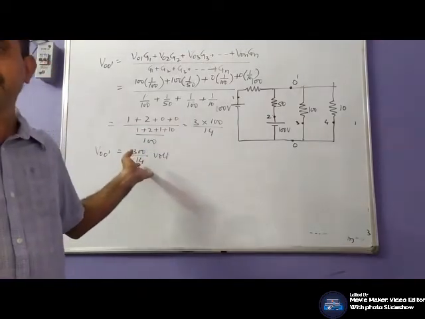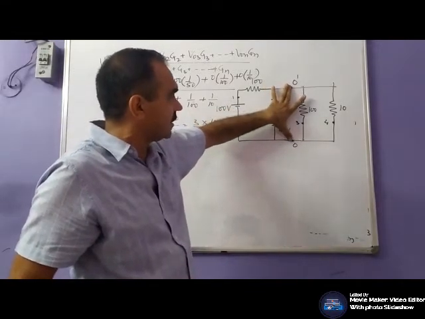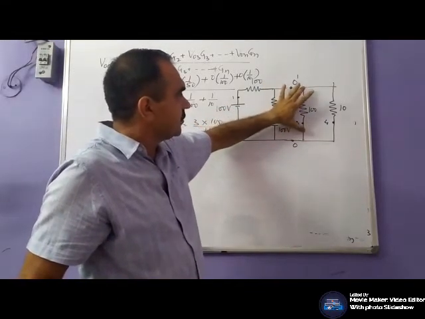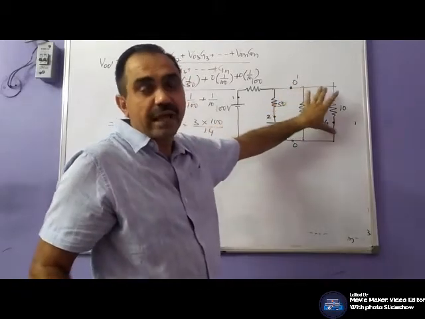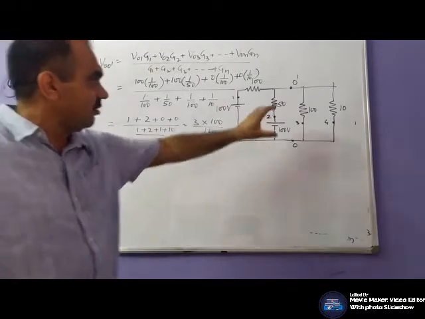This will be the voltage across this 10 ohm resistance.